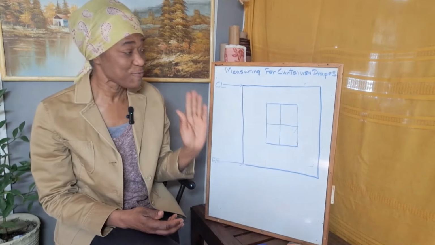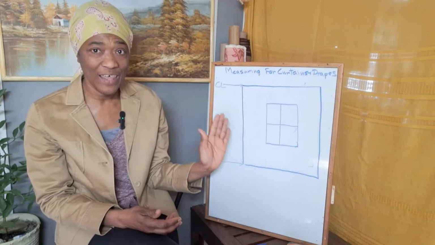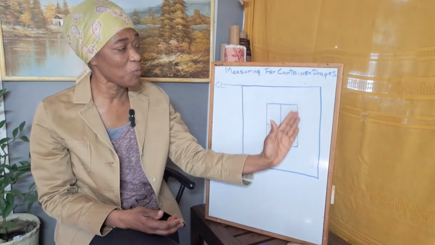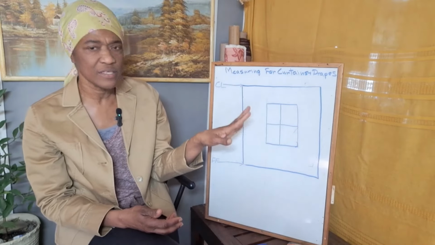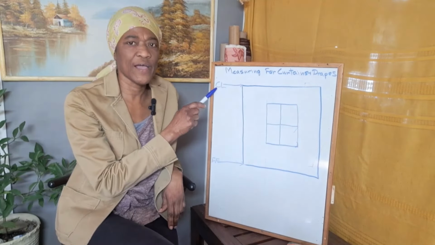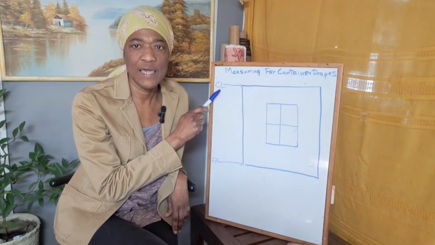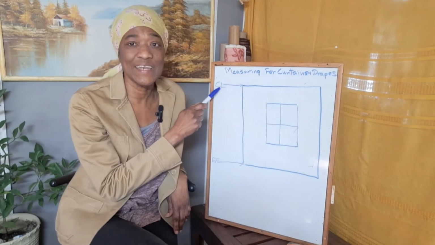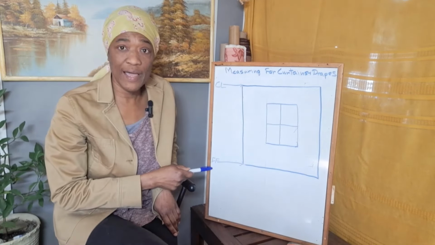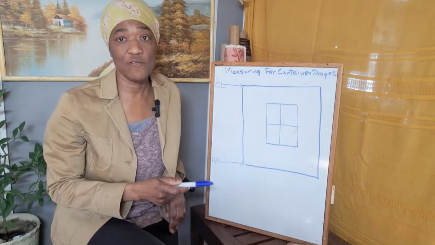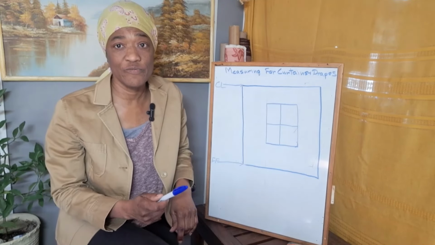Now let's get started by looking at the little line diagram I have on the board here. It represents a wall, and that wall has a window just about in the center. Now off to the side here I have CL. CL stands for ceiling line. Down here I have FF. FF stands for finished floor.